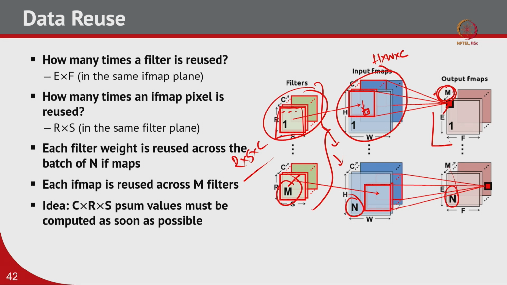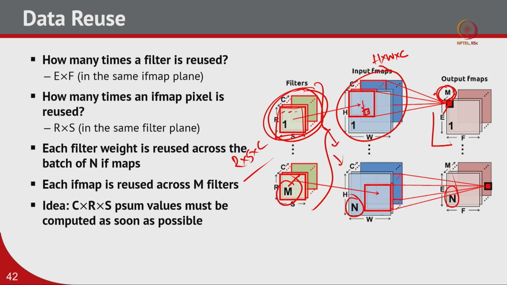Now, the idea in Eyeriss is that we have this C by R by S partial sum. All these C by R by S partial sum values must be computed as soon as possible.